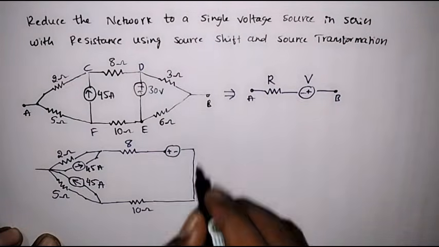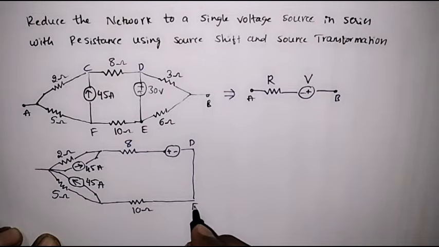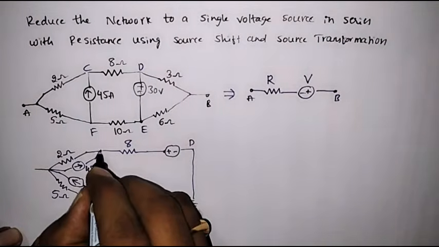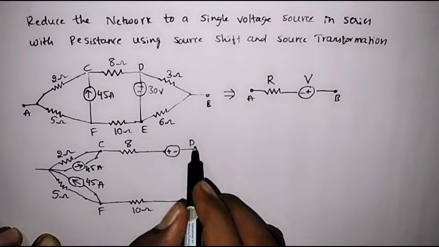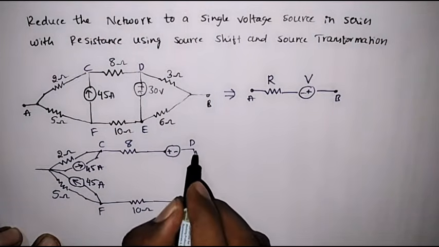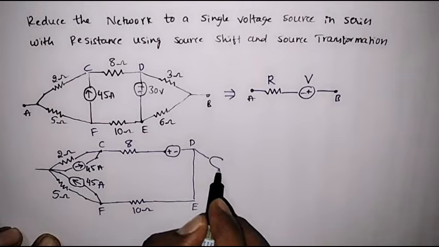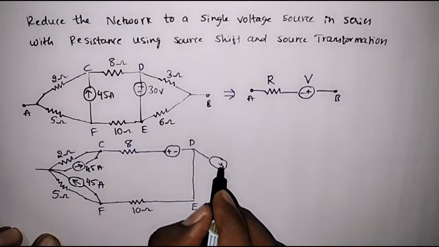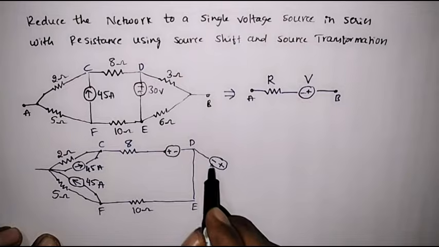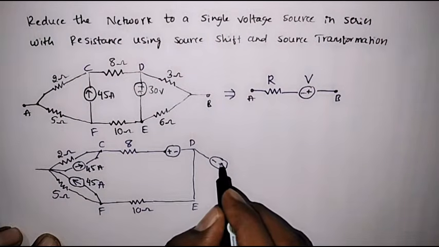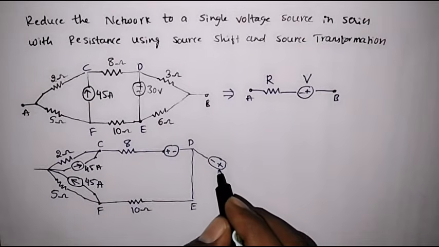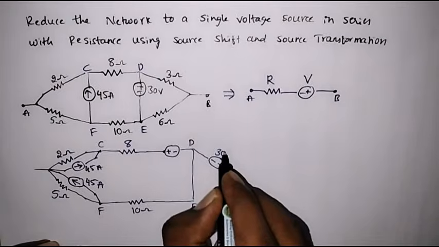This is point D and this is point E. As usual this is point C and this is point F. Here also I will shift this voltage source. So the polarity of the voltage source is this end positive, this end negative, because the negative terminal should be connected to point E. So the magnitude of this voltage source is the same, that is 30 volt.